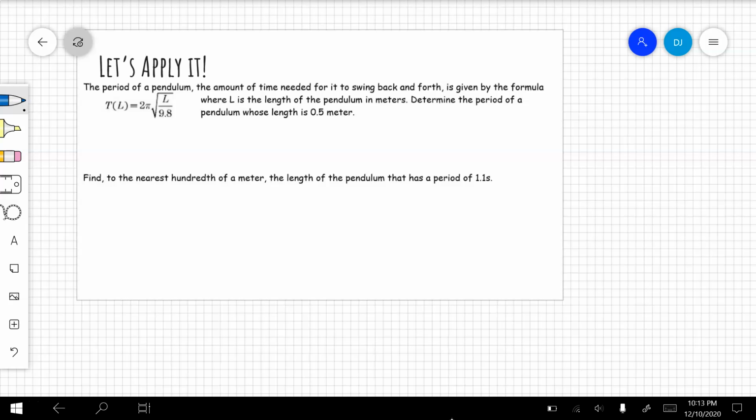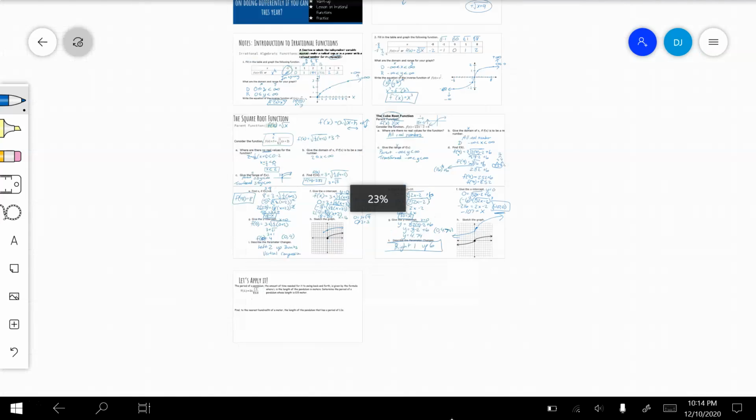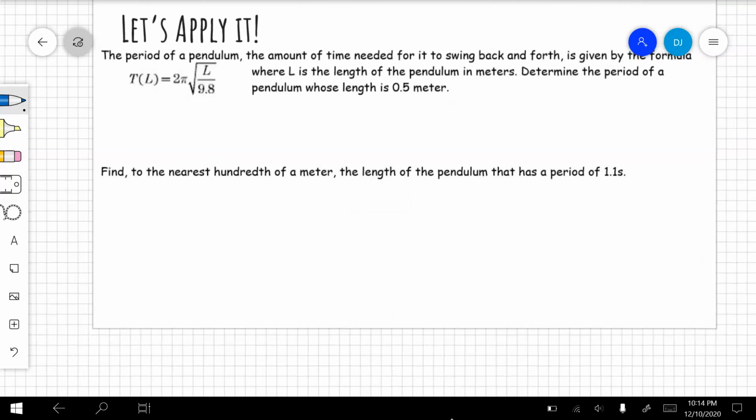The amount of time needed for it to swing back and forth is given by the formula T(L) equals 2 pi times the square root of L divided by 9.8, where L is the length of the pendulum, the overall length, in meters. Determine the period of the pendulum whose length is 0.5 meters.